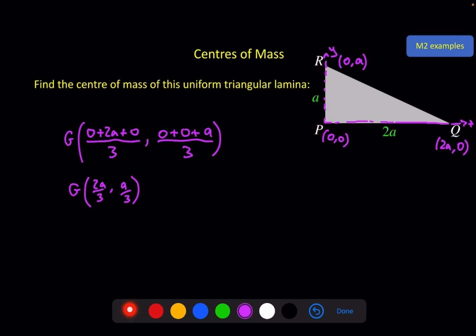So if I was being really careful, that's how I would write it. So our centre of mass is 2/3 a from RP, and it's 1/3 a from the side PQ. Just because of how the question was given to us, this is a better way of putting it than coordinates.